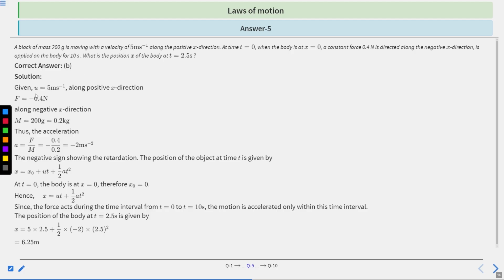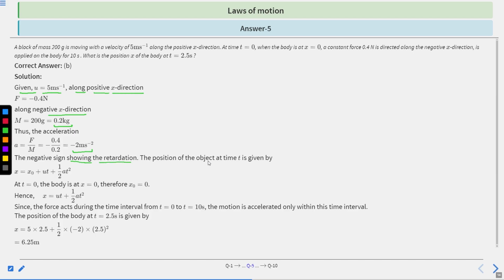So here given is u equal to 5 meter per second along positive x direction. The force is along negative x direction, mass equal to 200 g, which is equal to 0.2 kg. Thus, the acceleration a equal to f by m, which is equal to minus 2 meter per second square. The negative sign shows the retardation.